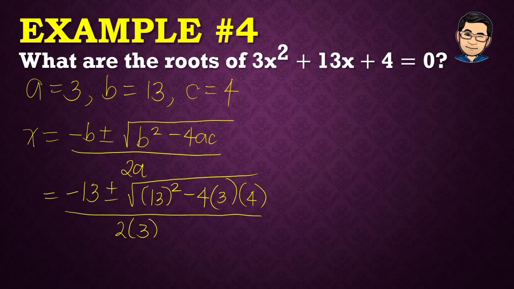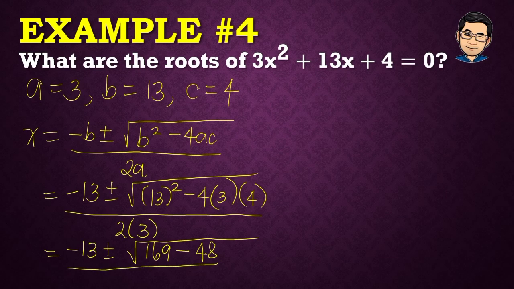Next, negative 13 plus minus square root of 13 squared, that is 13 times 13, 169. Minus 4 times 3, 12, times 4, 48. All over 2 times 3, that is 6. So, rewrite natin ulit.